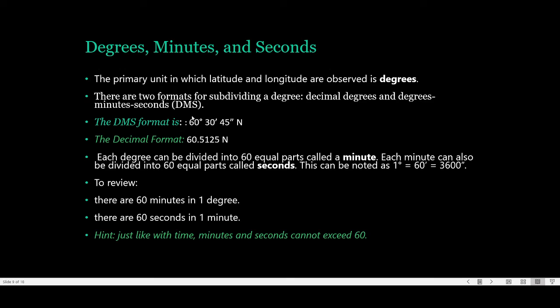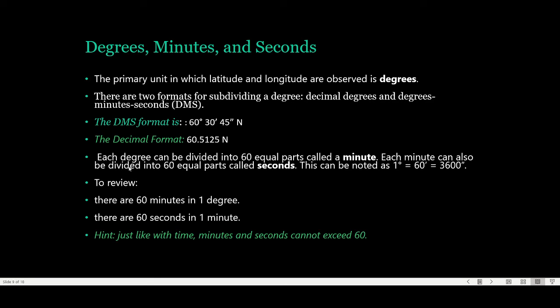So this is breaking it down to be really exact on the location on Earth. Instead of just saying it's 60 degrees, we're going to be more exact. So this is how we do that with these two different formats. And then we have the decimal format, which is 60.5125 north. So you will learn how to convert the DMS format to the decimal format.